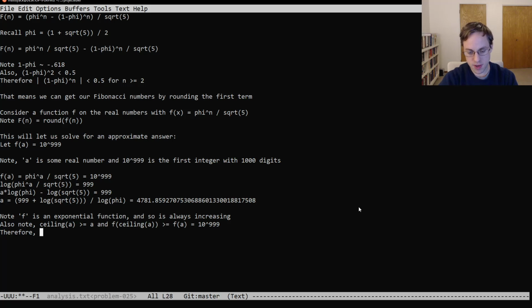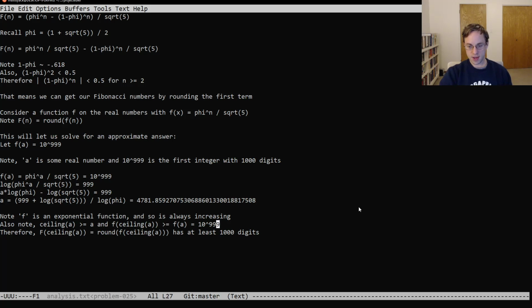Therefore, capital F of ceiling of A is equal to round of f of ceiling of A, has at least 1,000 digits.